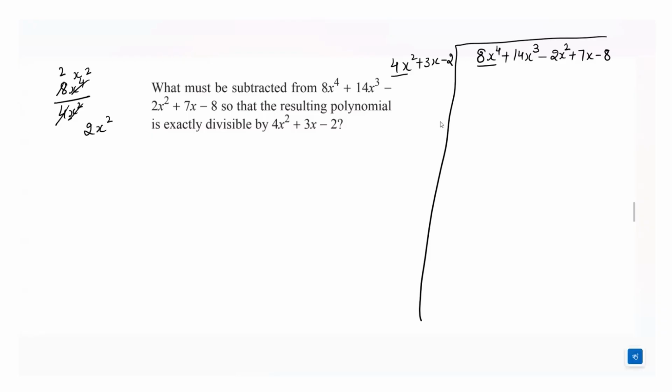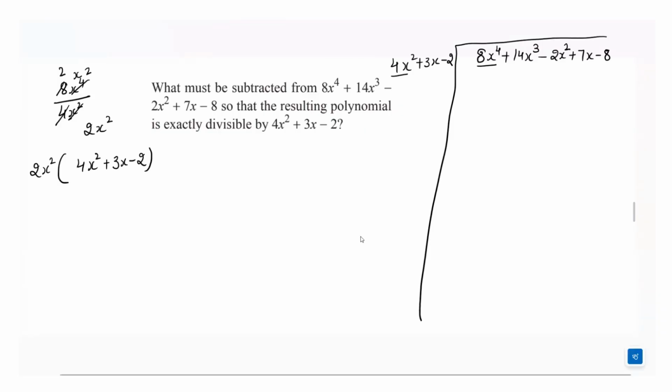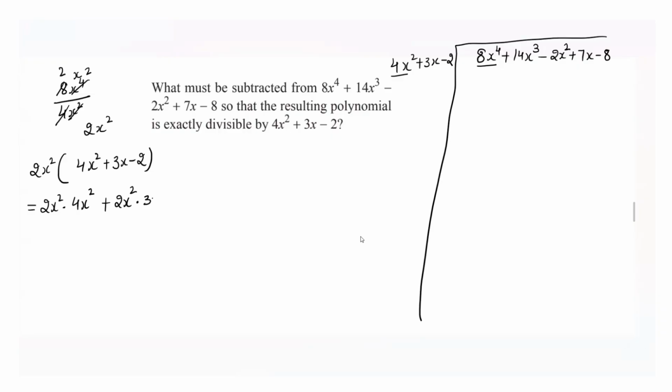Now after this, we will write down 2x squared here and we will multiply it with 4x squared plus 3x minus 2. Let's multiply it. It will be equal to 2x squared into 4x squared plus 2x squared into 3x plus 2x squared into, we'll put a bracket because it's a negative 2, which is equal to 8x raised to power 4 plus 6x raised to power 3 minus 4x raised to power 2.